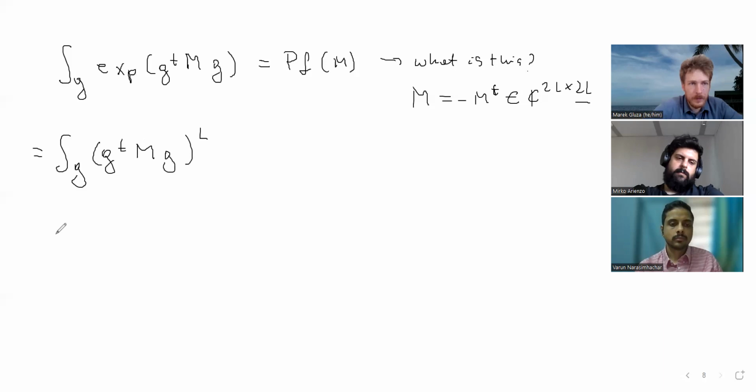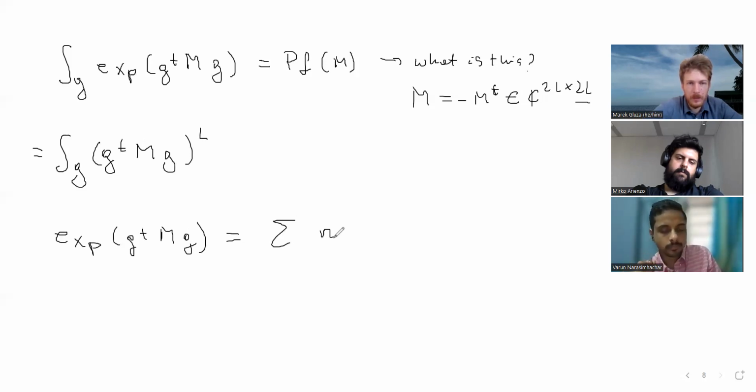We have the exponential of GTMG is the summation from n equals 0 to, now the question where I should be truncating it. So I was saying before 2L plus 1, but now I'm taking a quadratic form. So actually the truncation will be much earlier.